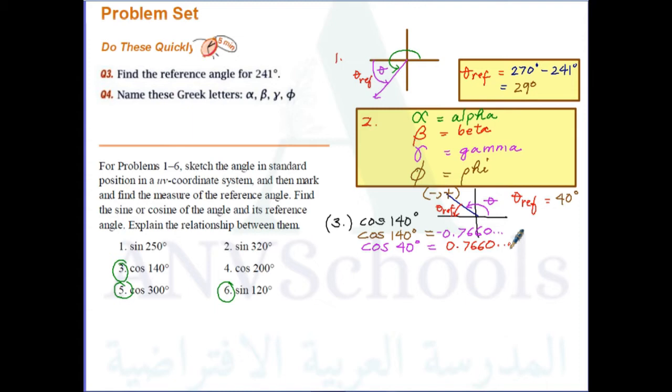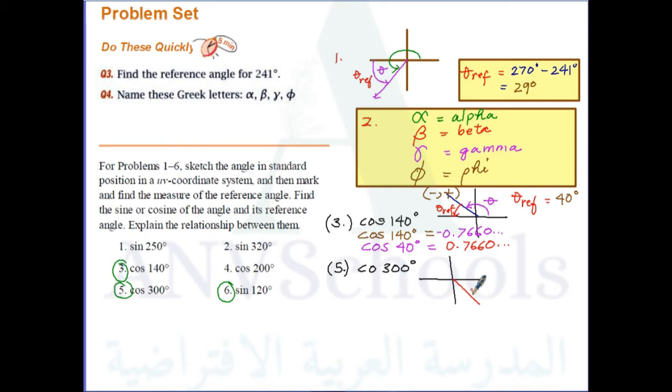So how about number 4? Let's go to number 4. I mean number 5. So cosine of 300 degrees. What is cosine of 300 degrees? So in essence, this is on the fourth quadrant, right? So this is here.